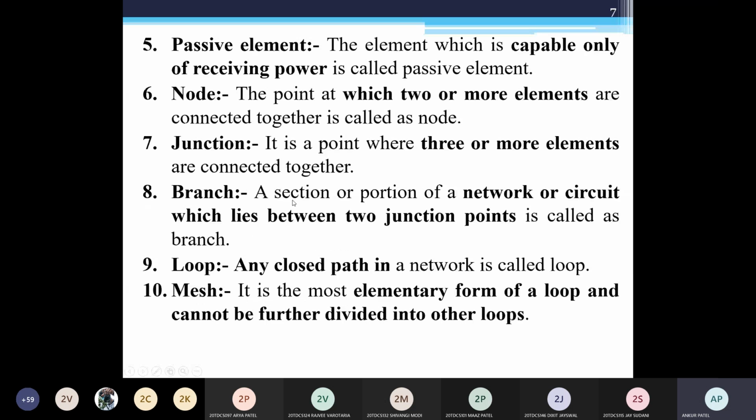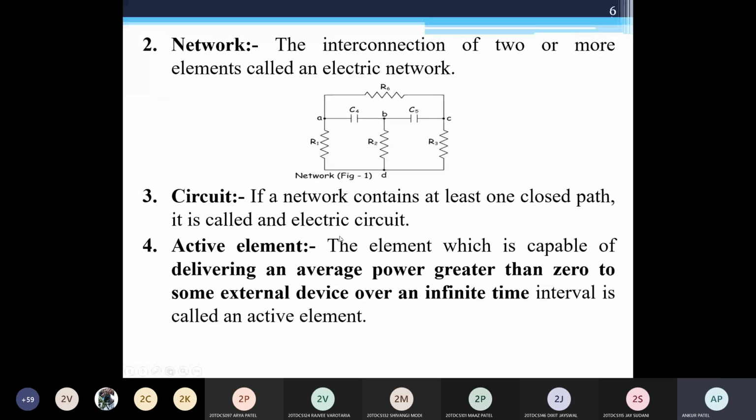Branch: a section or portion of a network or circuit which lies between two junction points is called a branch. So here we have branches.